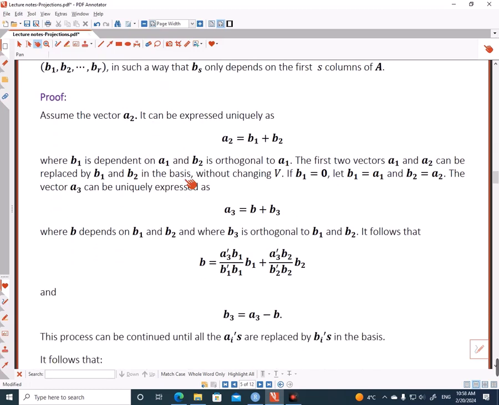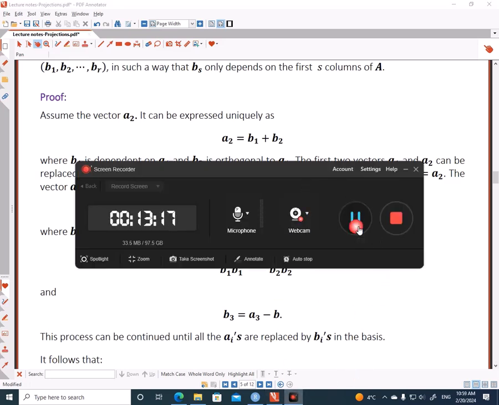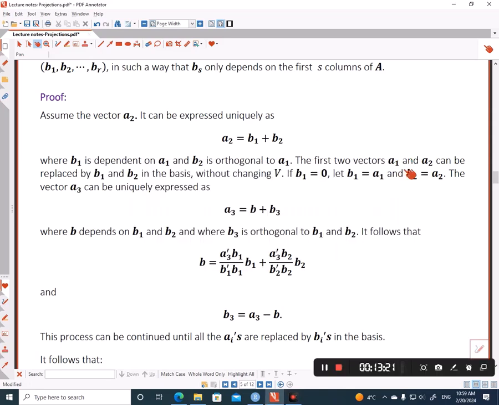Now let's consider this theorem. The idea comes from, again, projecting. So we try to project the columns of A on other vectors, and this is possible from the first theorem in the previous video.